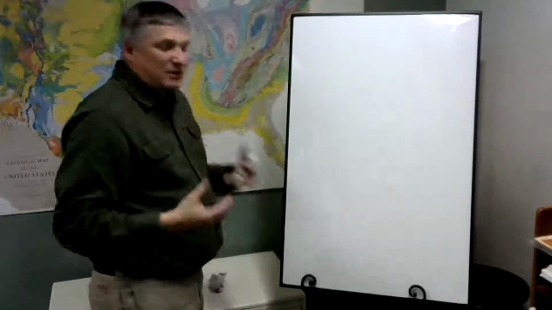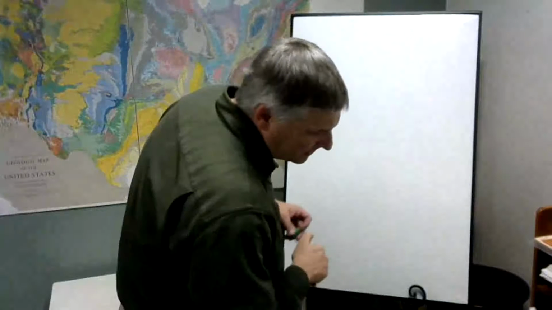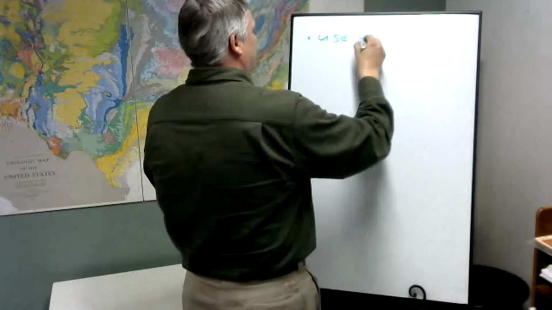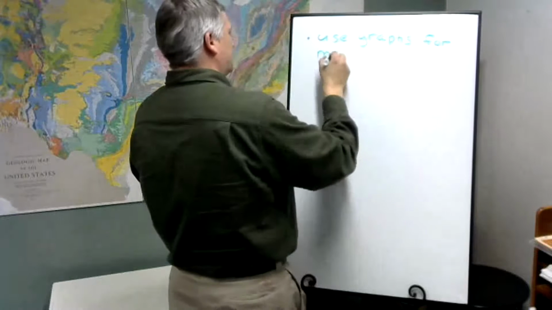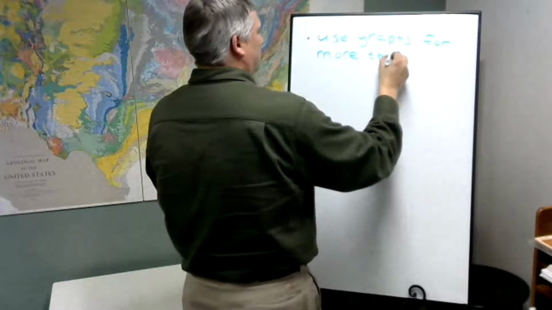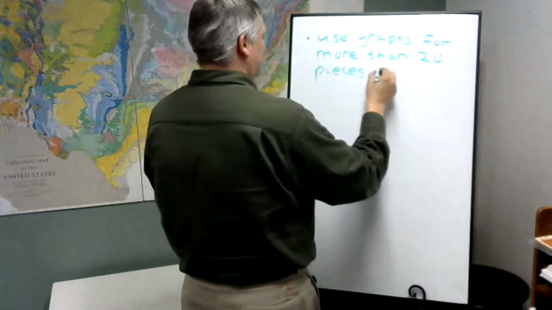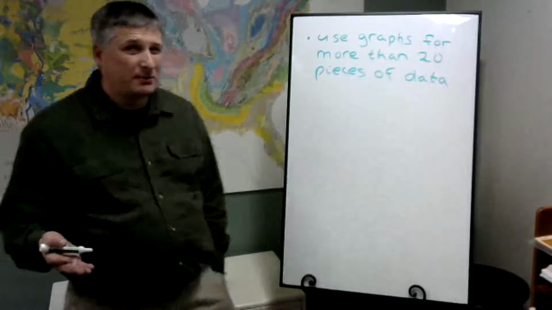And so that kind of brings us to the conclusion of this chapter or this section. And the author gives some thoughts on things to consider when you're building your graph. Use graphs for more than 20 pieces of data.